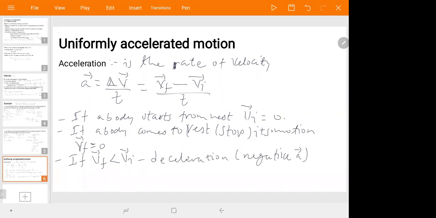You must know this point. Deceleration means negative acceleration. For example, if a moving body decreases its velocity, you will get negative acceleration. What do we call deceleration? If a moving body decreases its velocity, we get deceleration or negative acceleration. The SI unit of acceleration is meter per second squared.